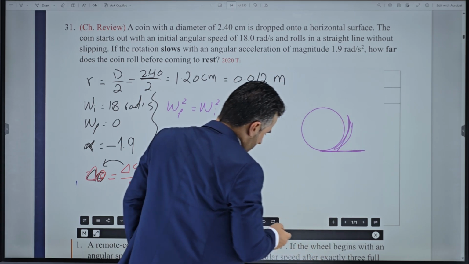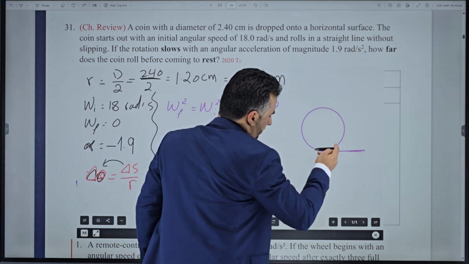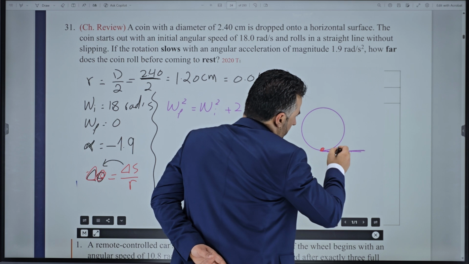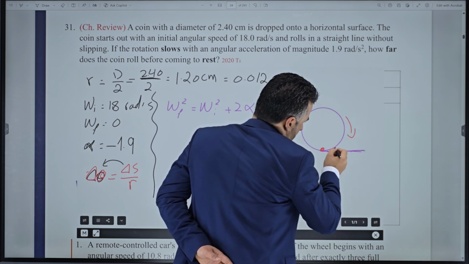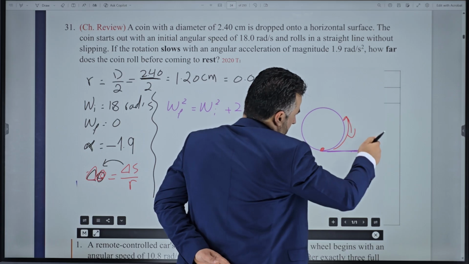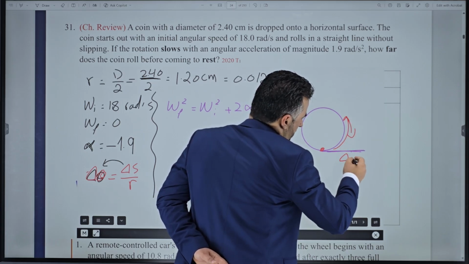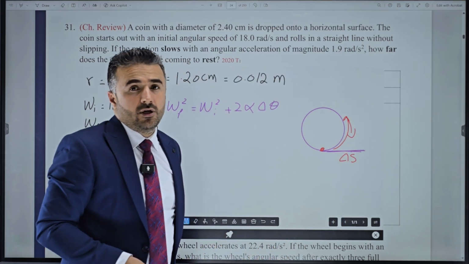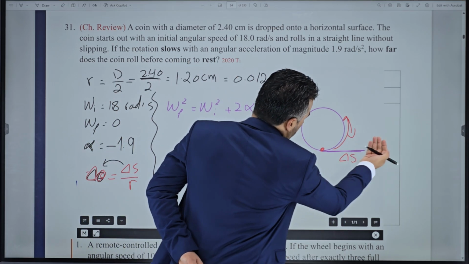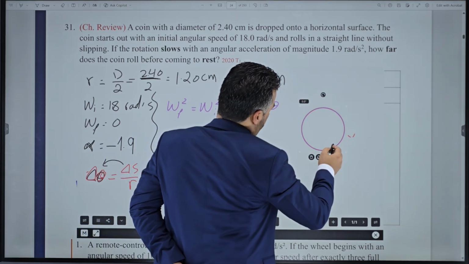If we start at this point, this coin is going to roll here. So how much it rolls is the arc length. This straight line, how far it goes, is equal to the arc length of this coin. Okay, so now let's get back to what we started with.